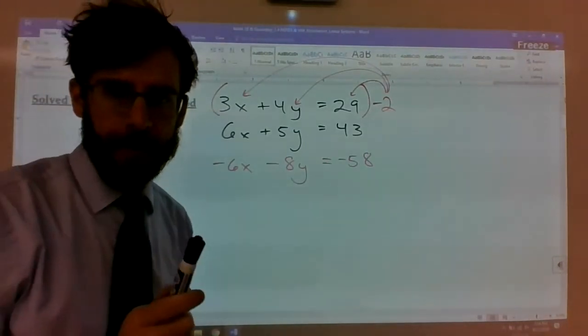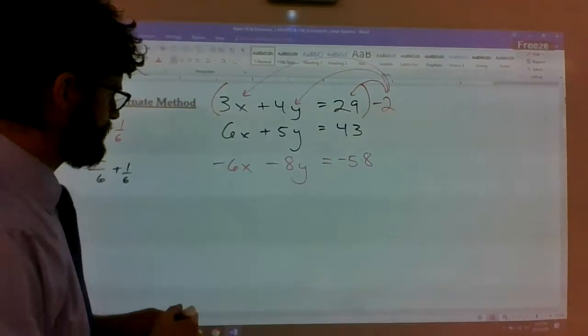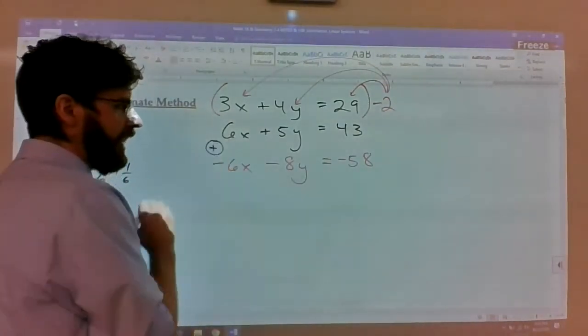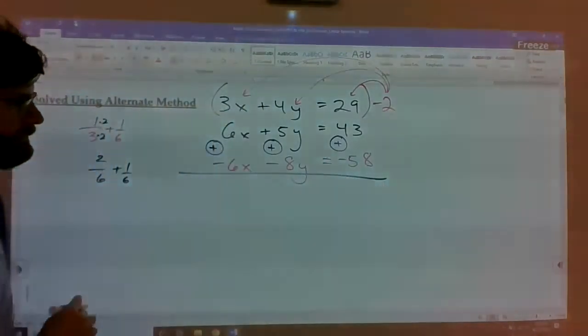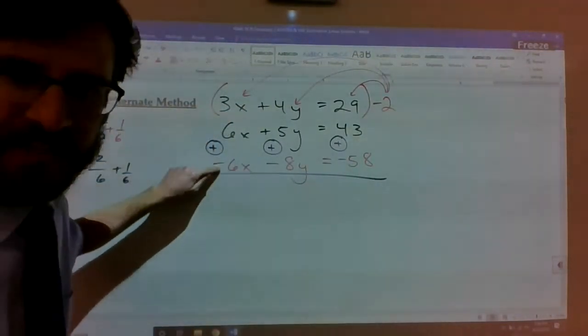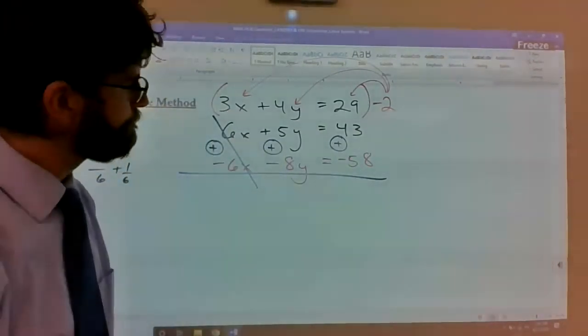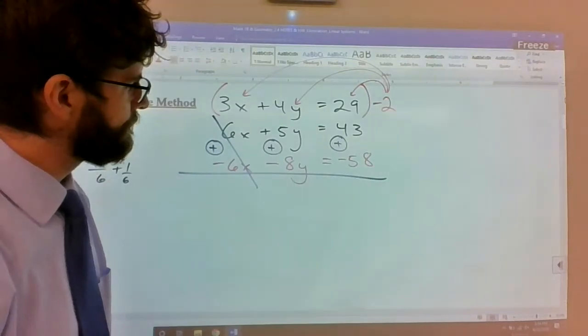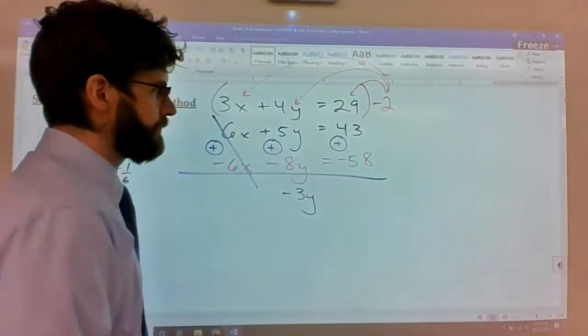Once you do that, you can instantly eliminate the x's by adding the columns. So 6 plus negative 6 is 0. It's gone. 5 plus negative 8 is negative 3y.